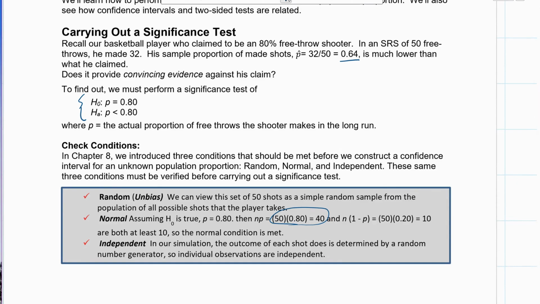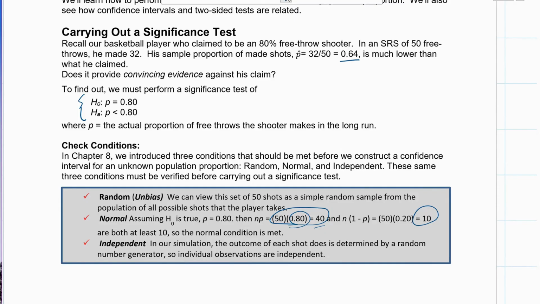We're supposing that the proportion of shots made is 80%. So we'll use that proportion. So n times p, which is 40, is greater than or equal to 10, and n times 1 minus p, which is 20% of 50, is 10, and 10 is greater than or equal to 10. So we meet the normal conditions.